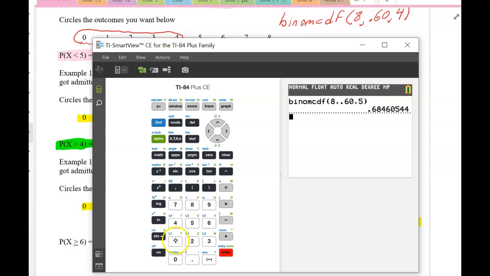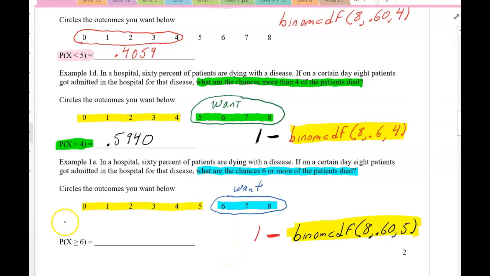But we want 1 minus that, so I'm going to go 1 minus. You can type in the long decimal, or a shortcut would be going second answer. And when you do that, you get 0.3154. So the probability that 6, 7, or 8 patients die is around 32%, 31%.